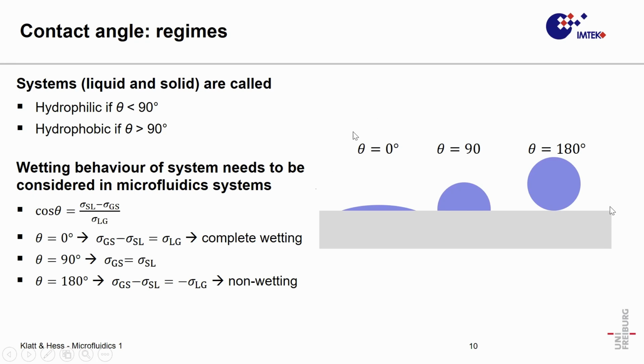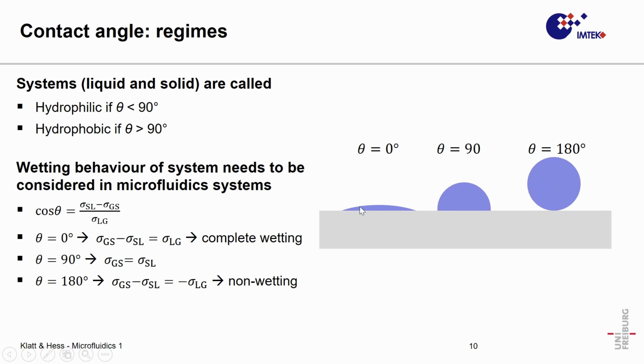On the right-hand side, you can see the effect of the contact angle. So if the contact angle is very low, the liquid tends to move along the surface. Whereas with a big contact angle, the liquid is repelled from the surface.